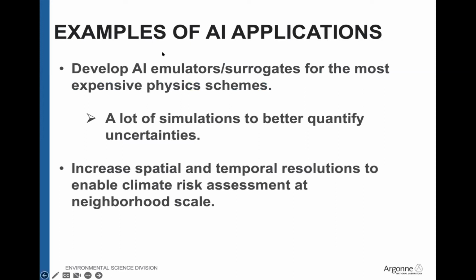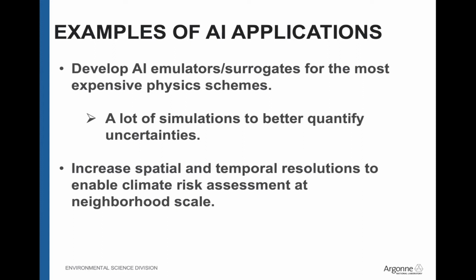We just talked about AI emulators, or surrogates, for the most expensive physics processes. And this will allow us to do much faster simulations. In that sense, we will be able to do a lot of simulations to better quantify the uncertainties, because a model is, at the end of the day, still an approximation.